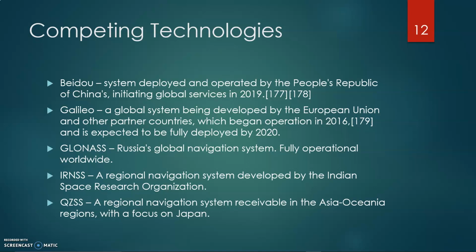GLONASS, Russia's global navigation system, which is fully operational worldwide, serves as a means to enhance GPS rather than exactly compete against it. IRNSS is a regional navigation system developed by the Indian Space Research Organisation. QZSS is a regional navigation system receivable in the Asia-Oceanic regions with a focus on Japan.